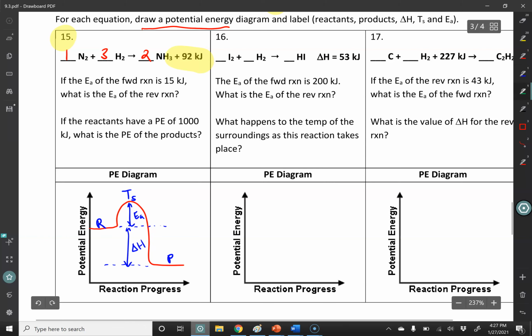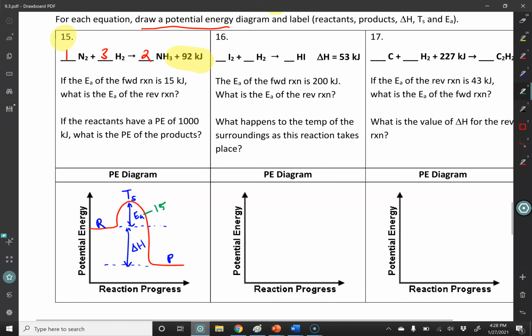Okay, so let's put our PE diagram to work. First question, if the E sub A, the activation energy of the forward reaction, is 15 kilojoules, what is the activation energy of the reverse reaction? Okay, well, let's start figuring this out. Activation energy of the forward reaction is 15 kilojoules. So the activation of the reverse reaction has to be from products all the way up to the top of the hill.